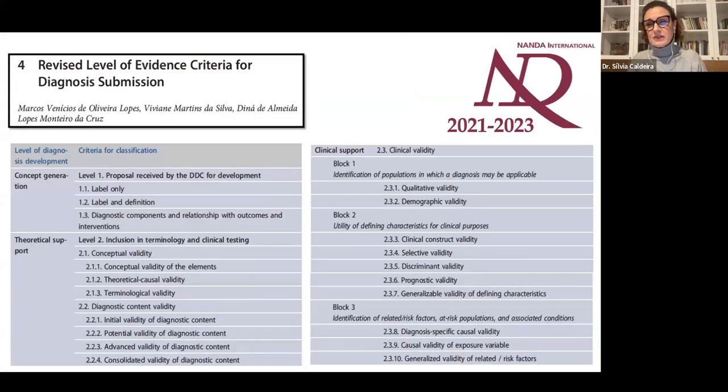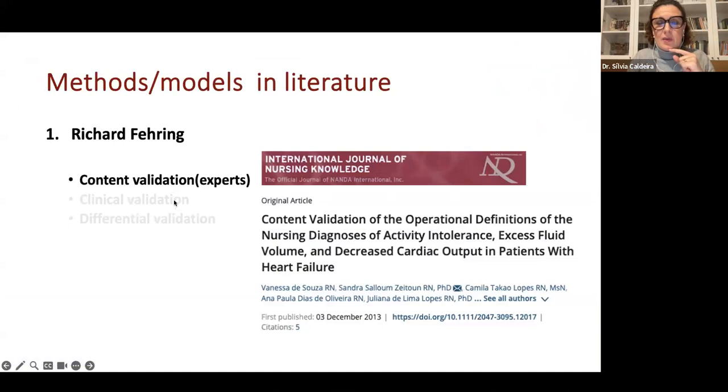So chapter 4, which you can find in the book, is related to this table, and we will go through all these levels. When we look at the literature, we have different methods. We have Fehring. It's interesting to see how these models were very important for 20 or 30 years in nursing diagnosis validation.